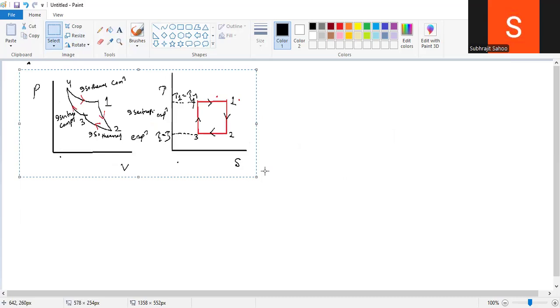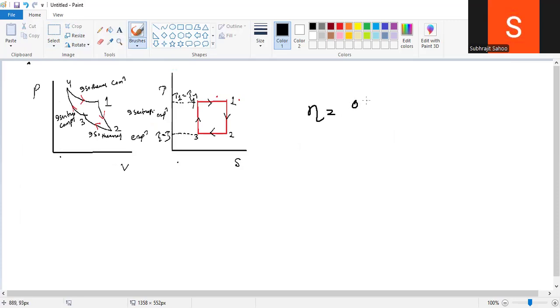So how to find out the efficiency? Efficiency is what? Eta equal to output by input.